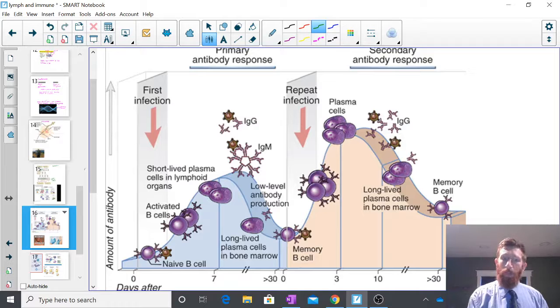Now, if it gets activated, it's going to stimulate the plasma cells and the memory cells, but there are going to be more memory cells than there were regular cells before it encountered the antigen. And so upon a second exposure to that specific antigen, the immune response is going to be much greater, right?